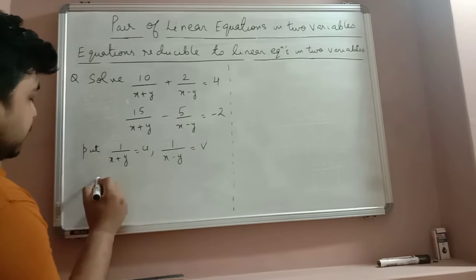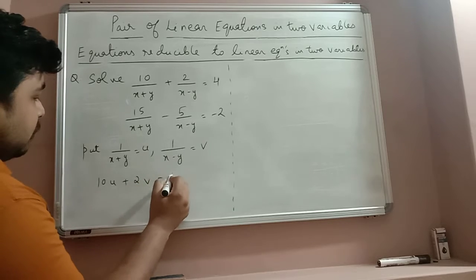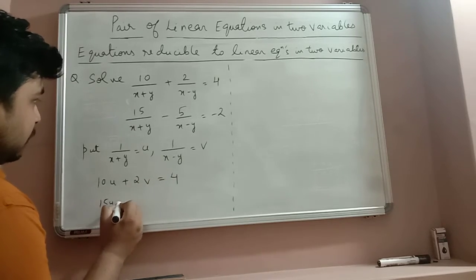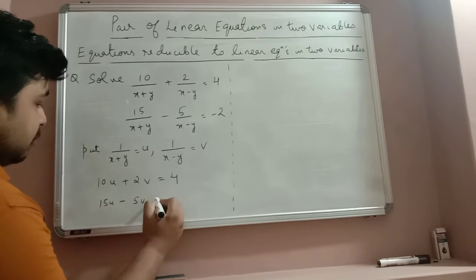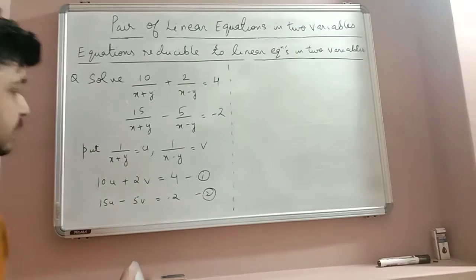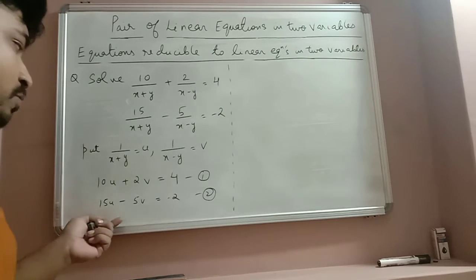So the equations now become 10u plus 2v equals 4 and 15u minus 5v equals minus 2. Let me call this first and this second. Again I will use the elimination method.